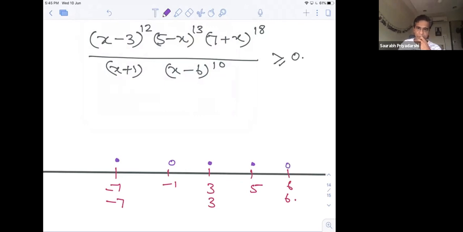Okay. Now, put any value, divided into so many parts, but put any value greater than 6. So greater than 6, what's going to be there, right? We can see this. This is positive. This is negative, positive, positive, positive.